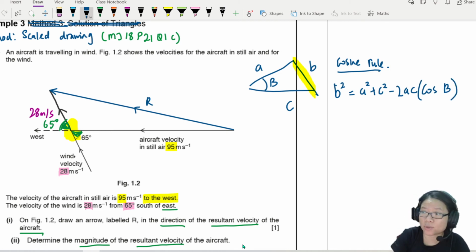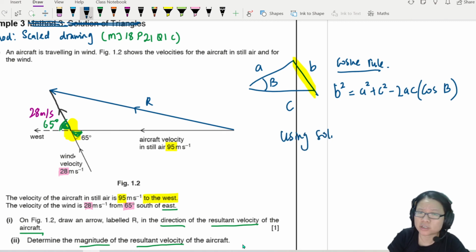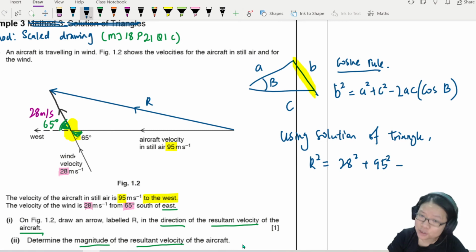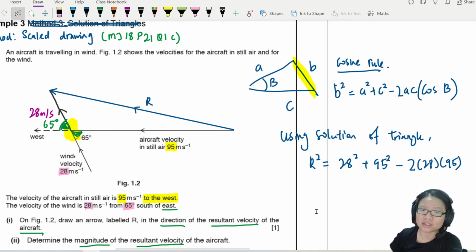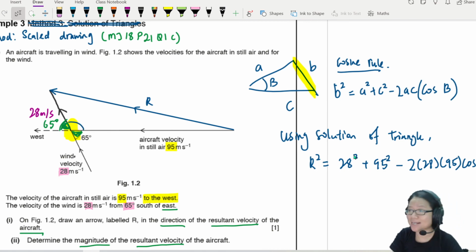I'm going to apply it there. Because I already drew the diagram, I will use the solution of triangles, or the cosine rule. R square is equal to 28 square plus 95 square minus 2 times 28 times 95, the other two sides, cos of the angle opposite to the side that you are looking for.